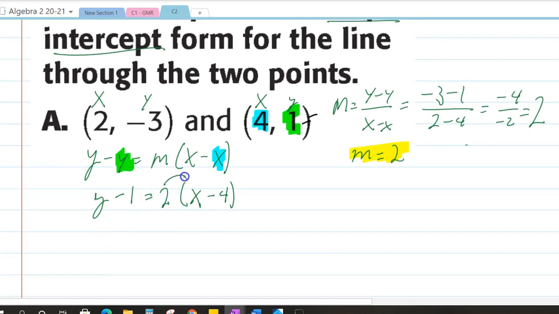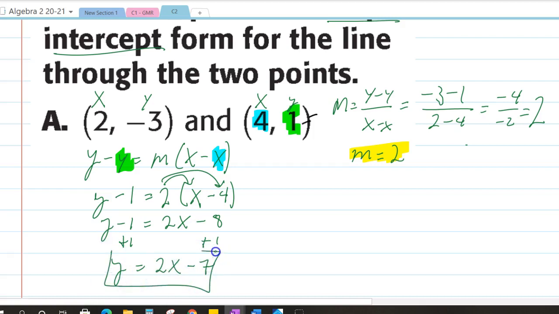First thing I need to do is distribute the 2 to the x and distribute the 2 to the -4. Y minus 1 is equal to 2x minus 8. Add the 1 to the other side. Y is equal to 2x minus 7. Now I'm in slope-intercept form, which was y equals mx plus b.